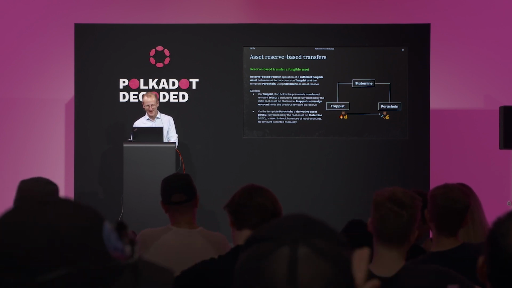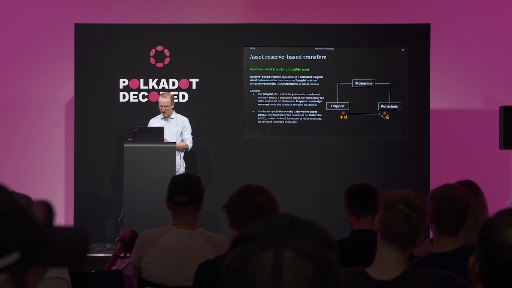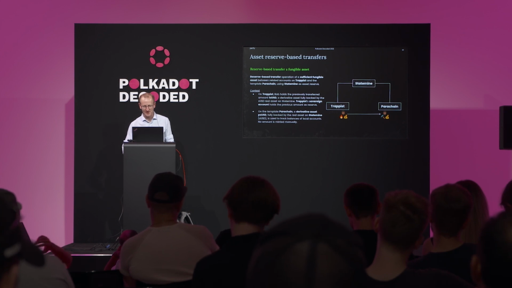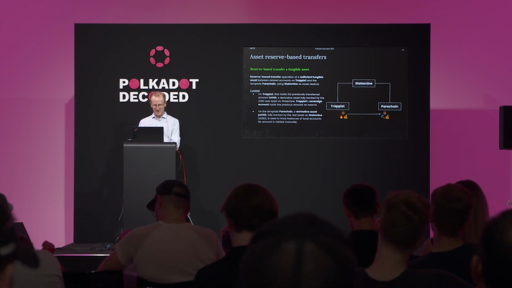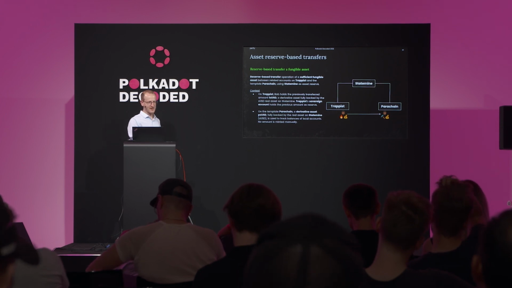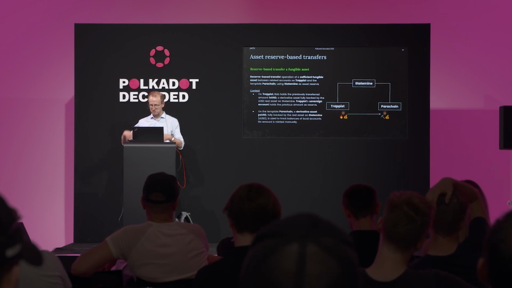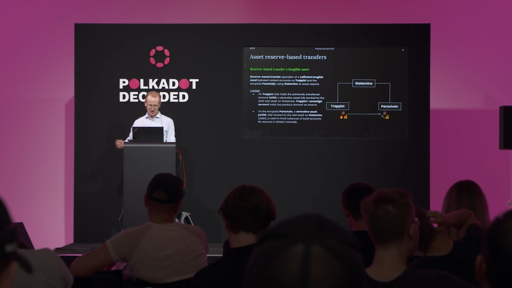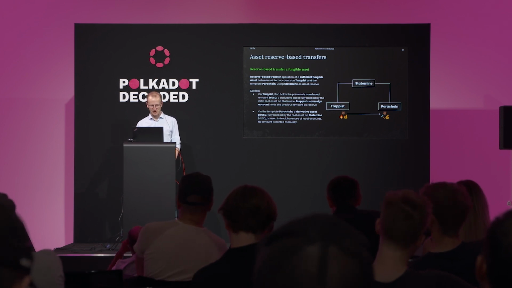All right, now for something even a little bit more complex. We will have a reserve-based transfer going from one parachain to another parachain with StateMine as the asset reserve. And so Bob now has 5,000 TXUSD on Trappist. I will send 3,000 to Bob's account on another parachain, and still using StateMine as the asset reserve.